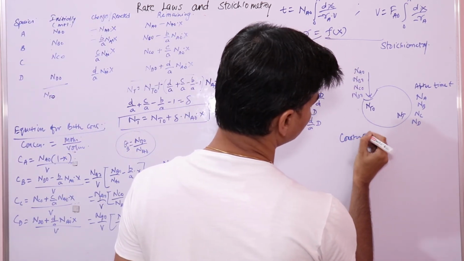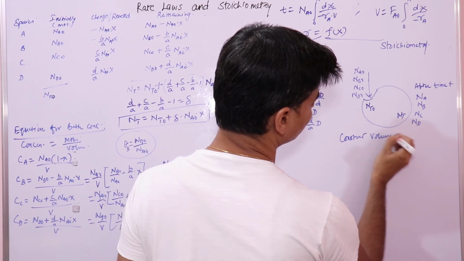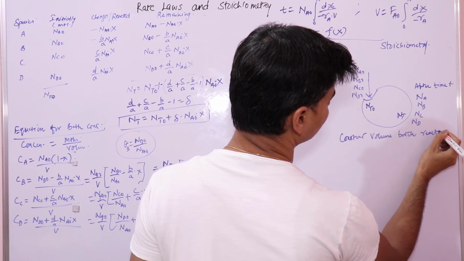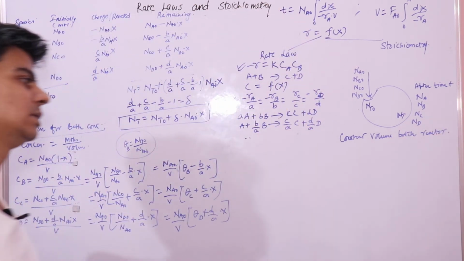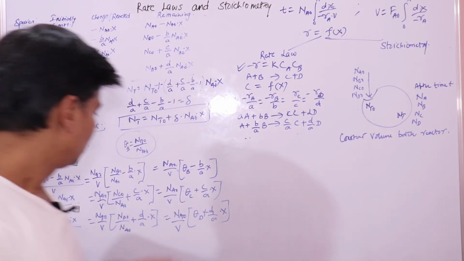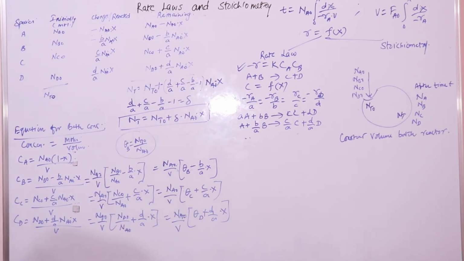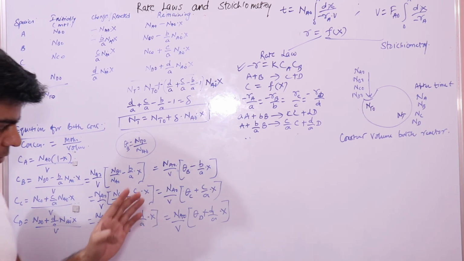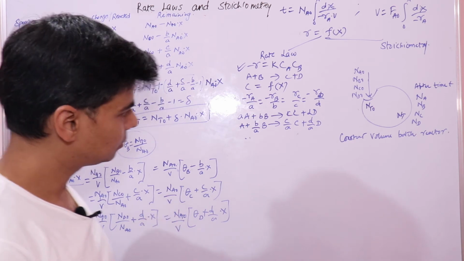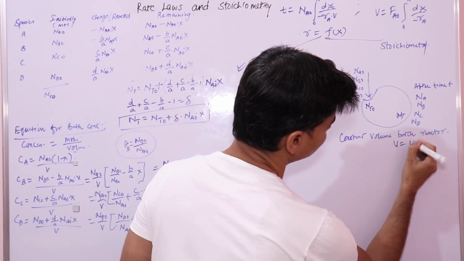Since this is a constant volume batch reactor, the volume V is constant, so we take V equals V0.